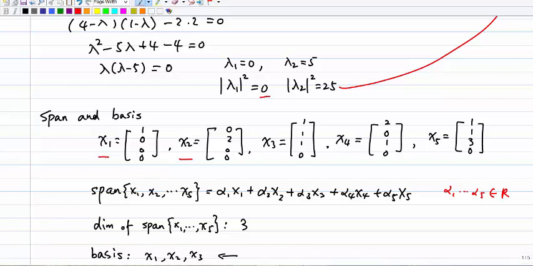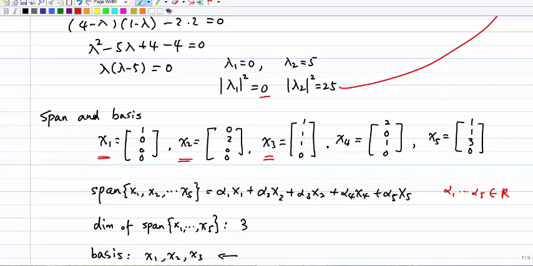First of all, x1 and x2 are independent, because for x1 the first entry is non-zero but the other entries are all 0. For x2, the second entry is non-zero, but the other entries are 0. So you cannot take any linear combination of the first one, with a weight, to get the second one. Similarly, the third one is linearly independent of the first two, because the first two have 0 in the third entry.